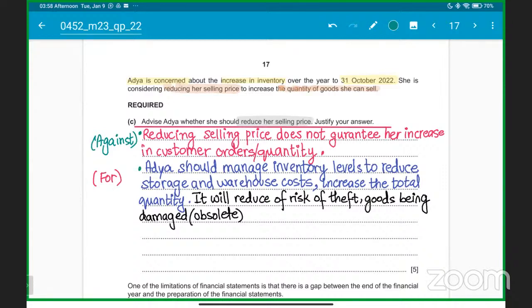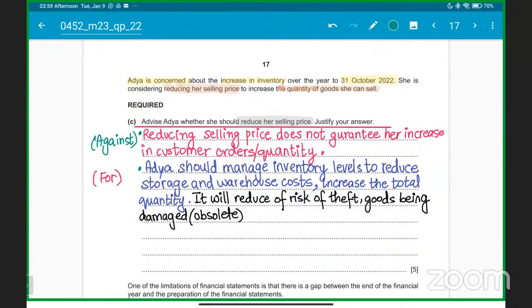If you're writing against it, that she should reduce the selling price will not guarantee her an increase in customer orders and quantity. So Adya should not reduce the selling price because it does not guarantee whether the customers will be willing to pay or not. Customers might not be willing to pay the price.